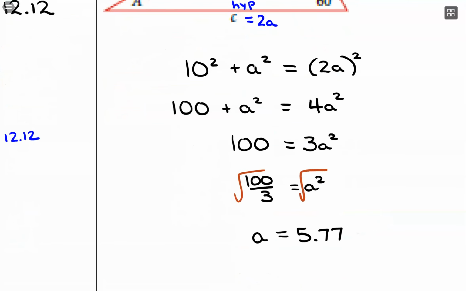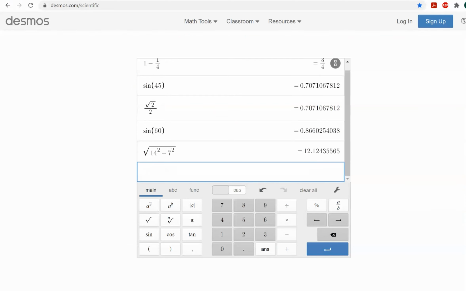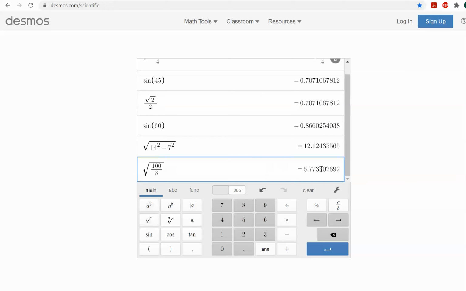So let me go ahead and grab an exact value because we're going to need that to calculate the hypotenuse as well. So square root of 100 over 3. So 5.77, and then for the hypotenuse, I just want 2 times that number, so 11.55.